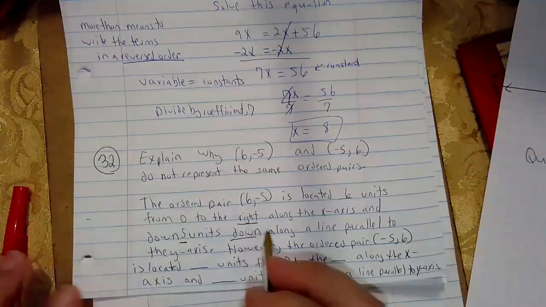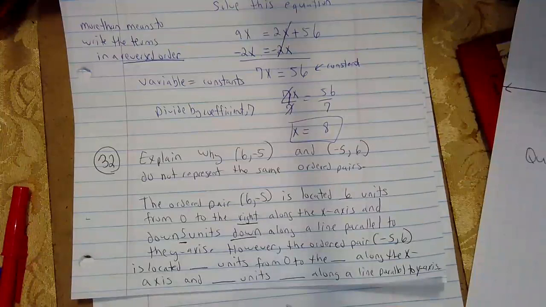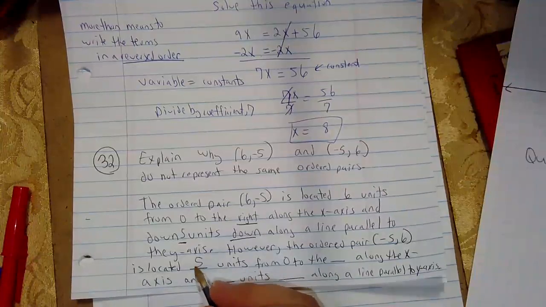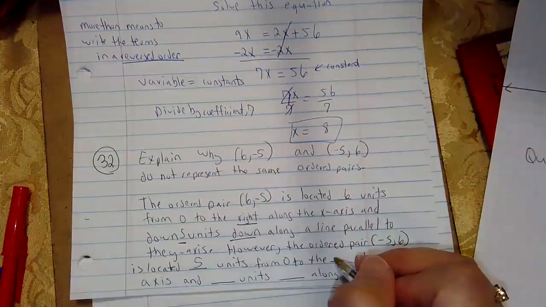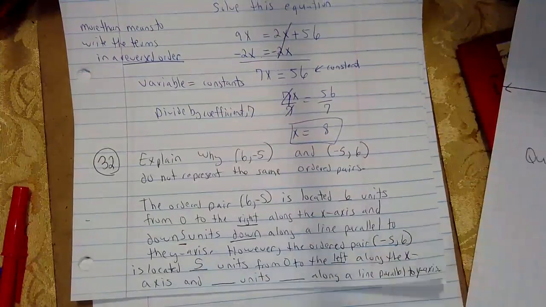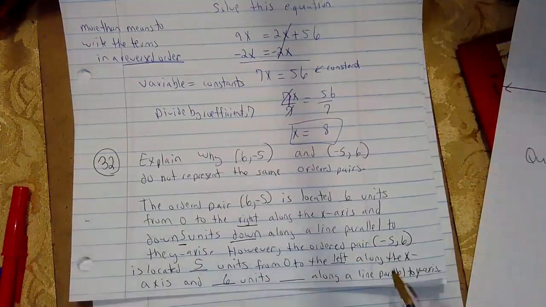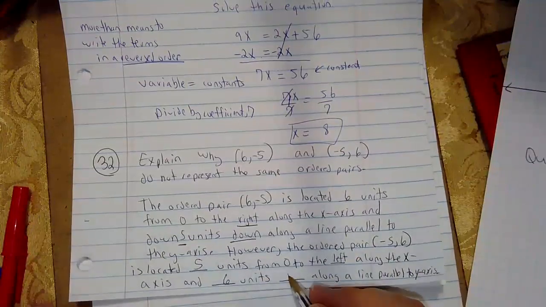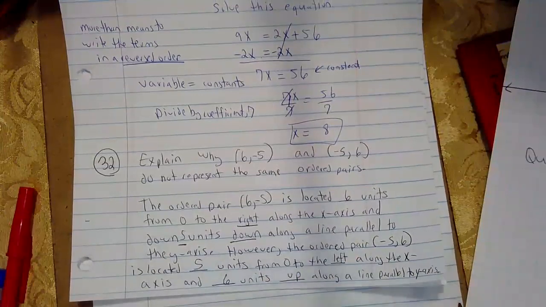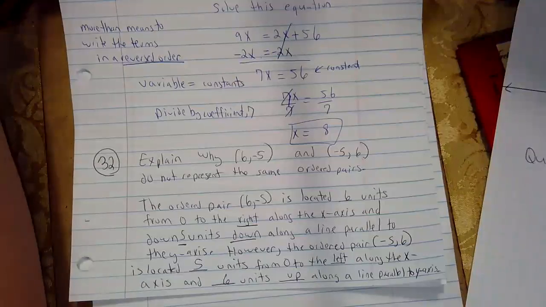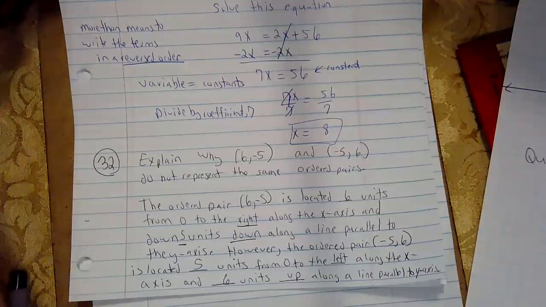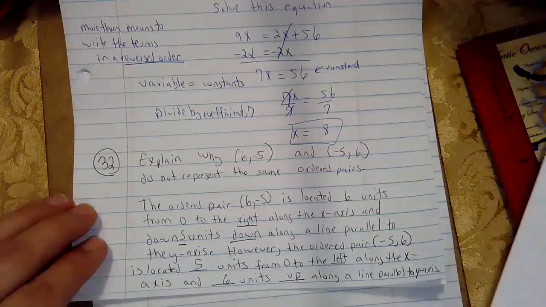So they say that it's 5 units from 0, to the left along the x-axis, and then we went up 6 units, up along a line that's parallel to the y-axis. Okay, so that's what they want for that. So they're checking on your movement on how to plot points. Okay, so that's 32.